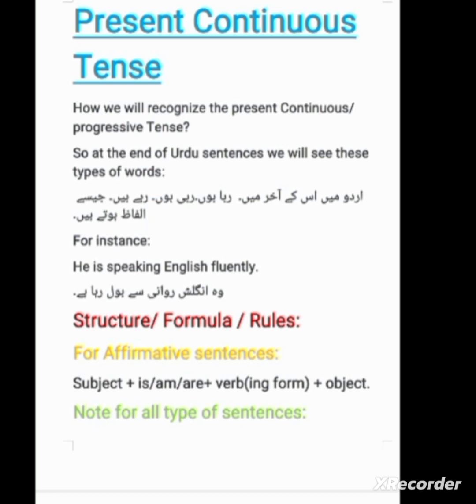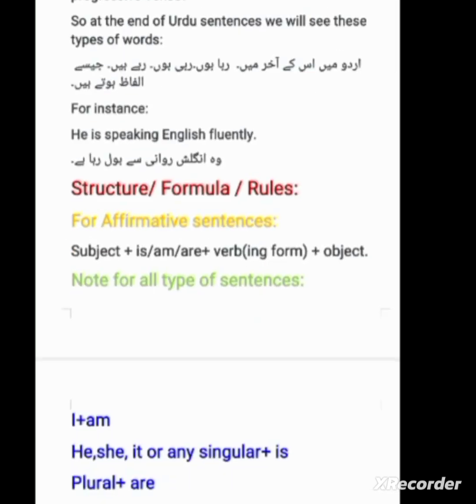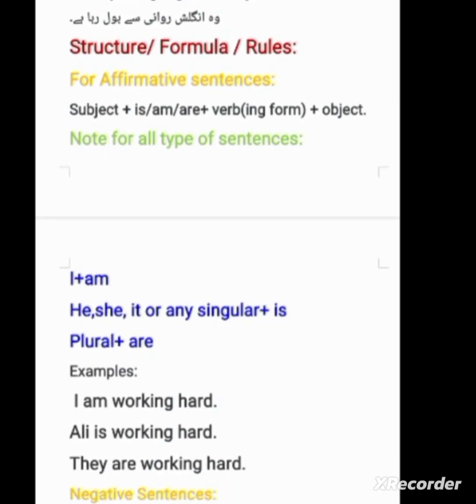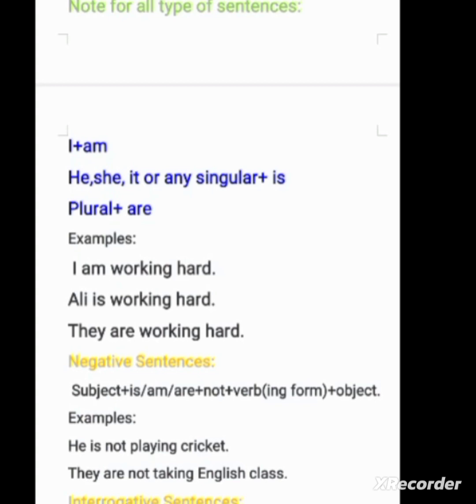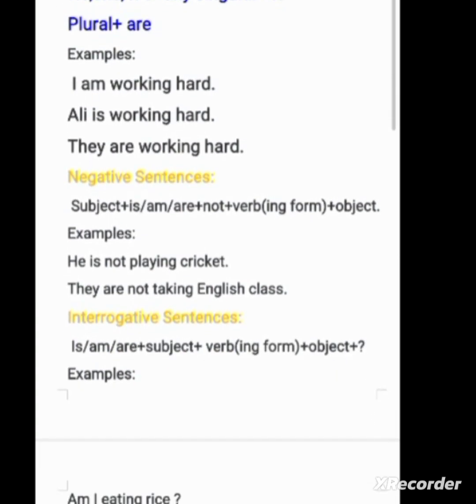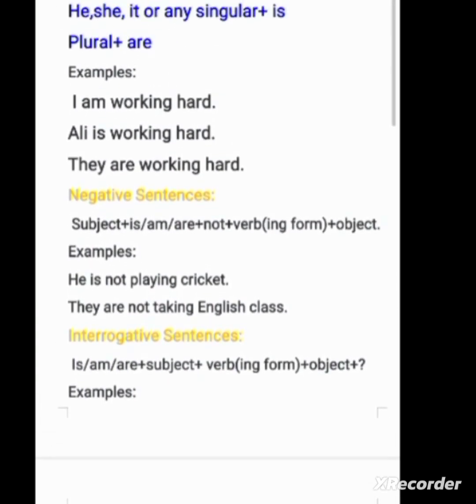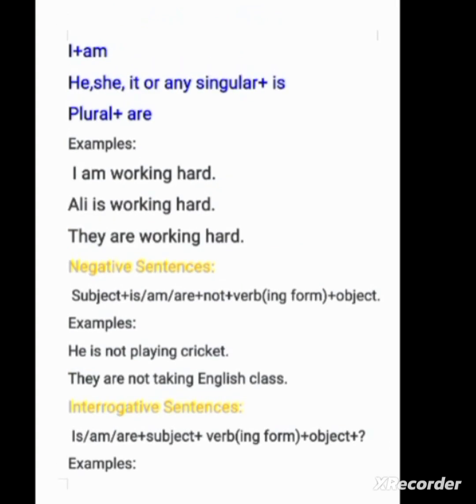Now let's make a sentence using the same structure. But before that, here are some rules for all types of sentences in the present continuous. We always put am with I, for example, I'm doing my work. We put is with any singular: he, she, it. And we use are with plural ones.